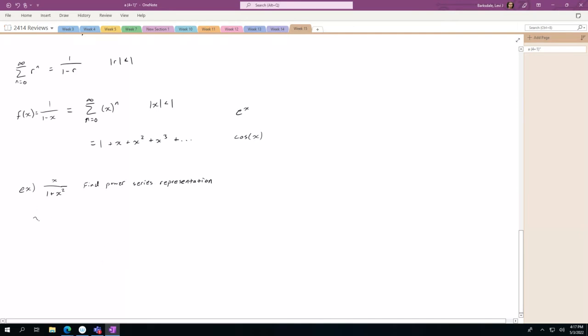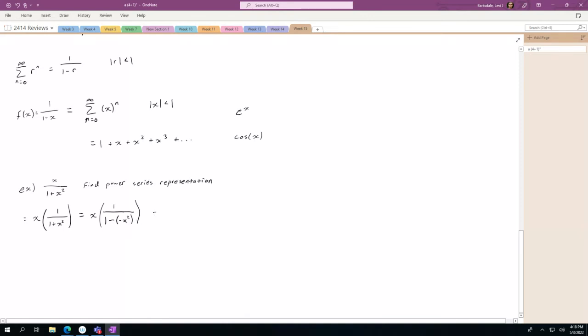So to get a 1 on top, I'm just going to move my x out. And then on bottom, I need a 1 minus r. So instead of having 1 over 1 plus x squared, I'm going to have 1 over 1 minus negative x squared. Perfect.